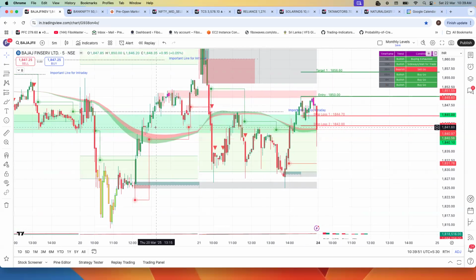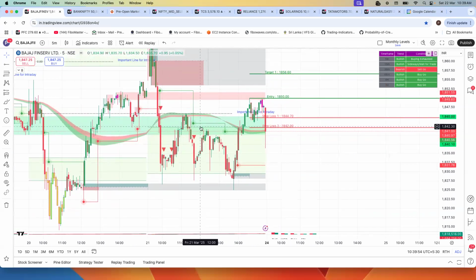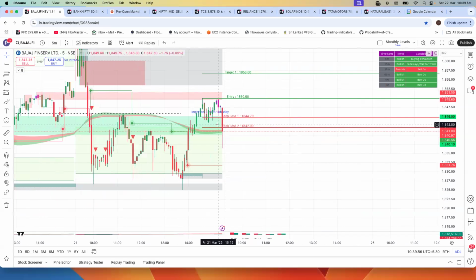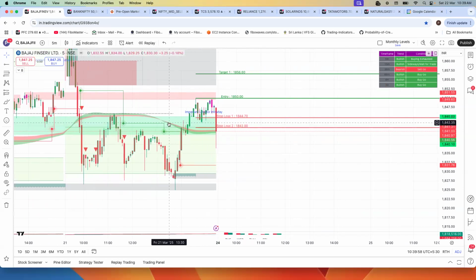So, what does this mean? Red is on the top, green is on the bottom. Even though it went up like crazy, okay, did it come back again? Because this is not going to give you any returns.